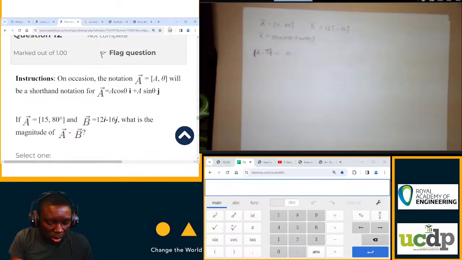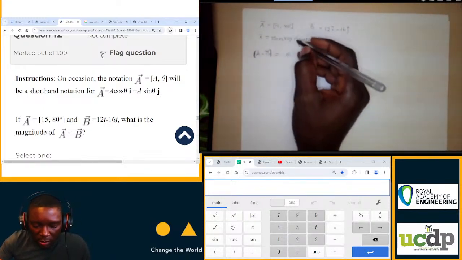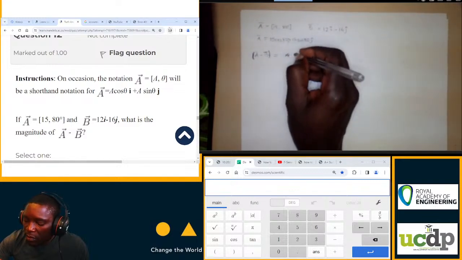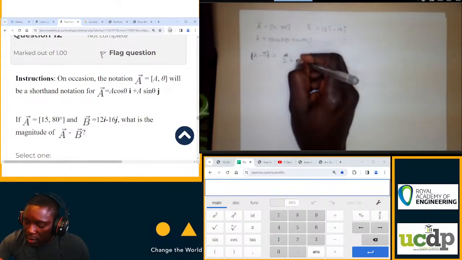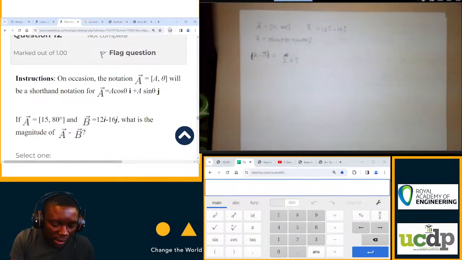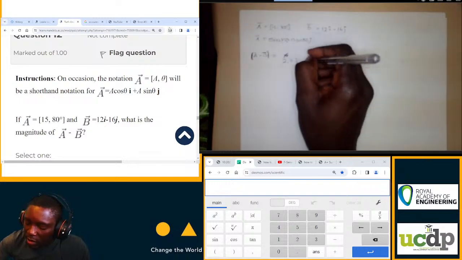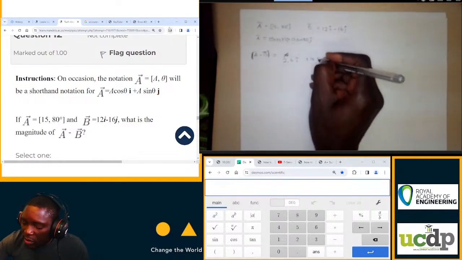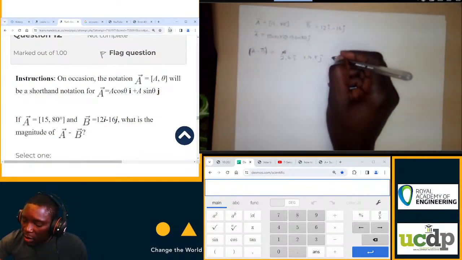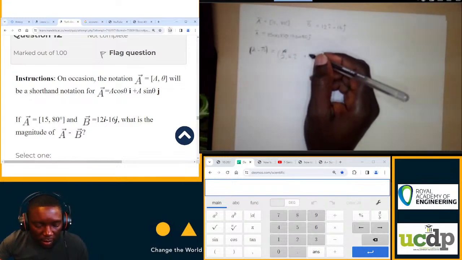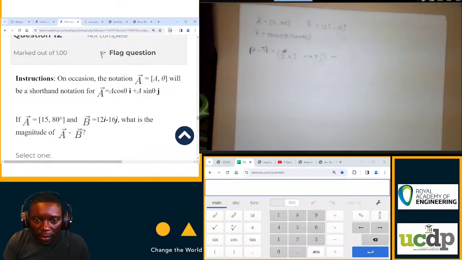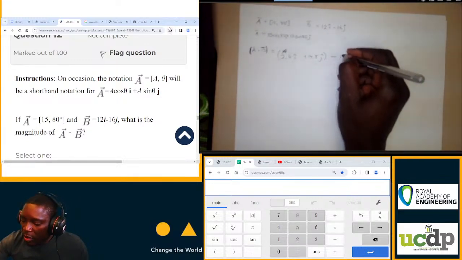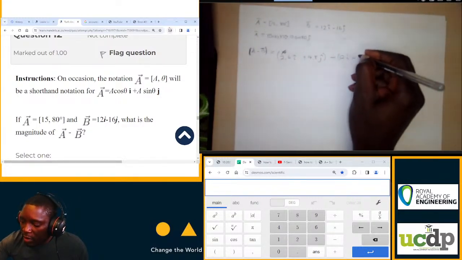15 cos 80 is 2.604. So we use 2.6 in the i, plus 15 sin 80, 14.8j, then minus B. B is 12i minus 16j.